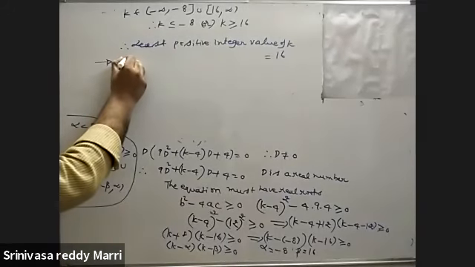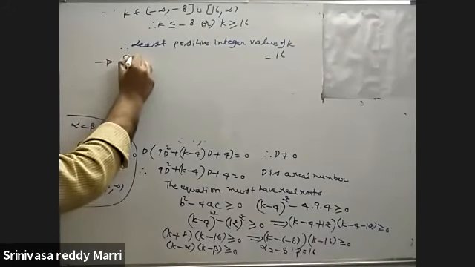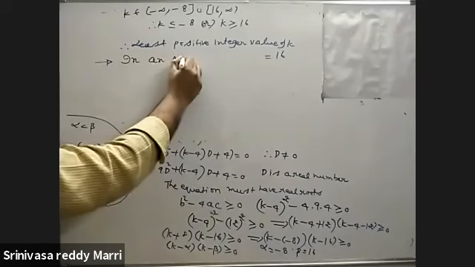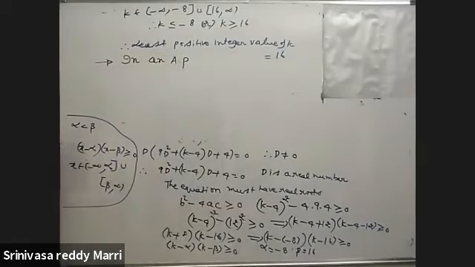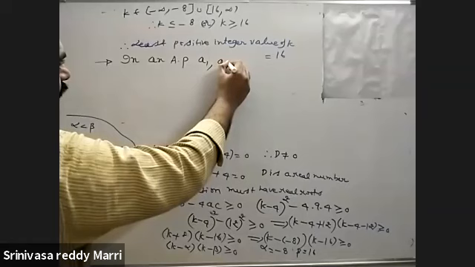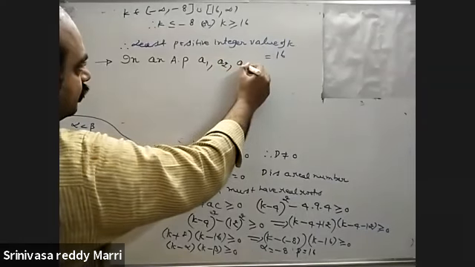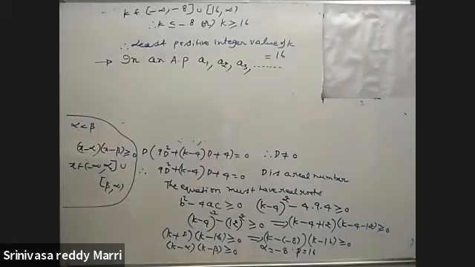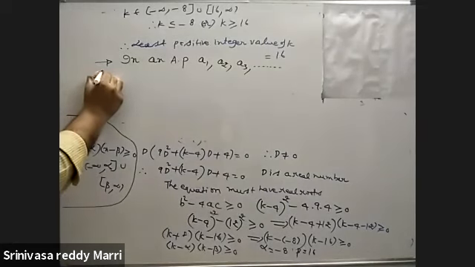Okay, the problem is: given an AP, A1, A2, A3 and so on, AP is given like that, given A2 equal to 1.